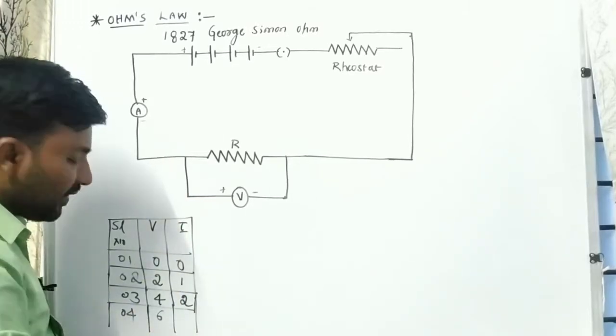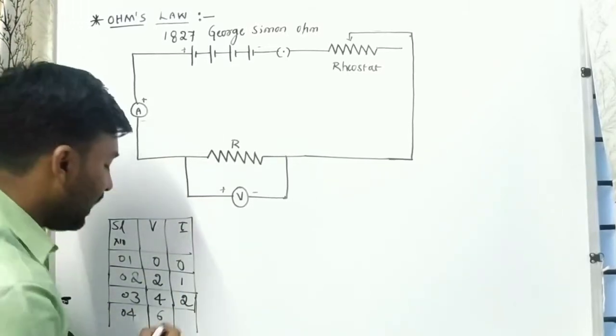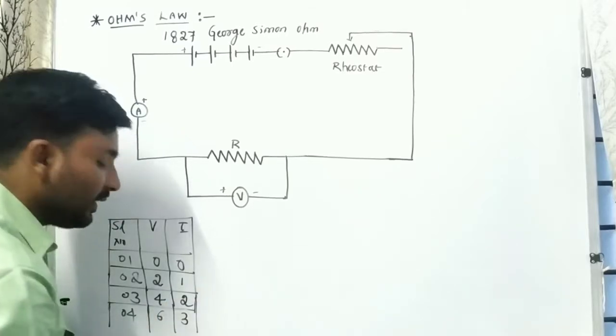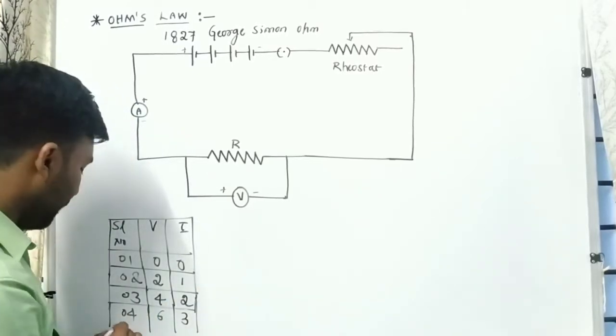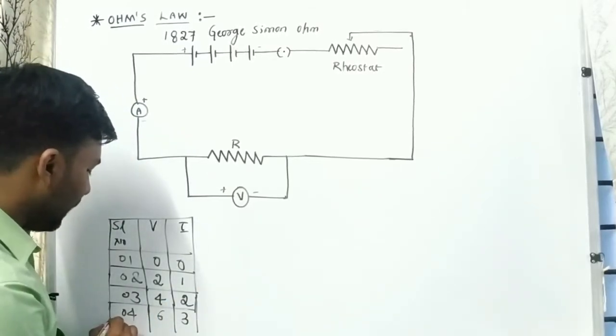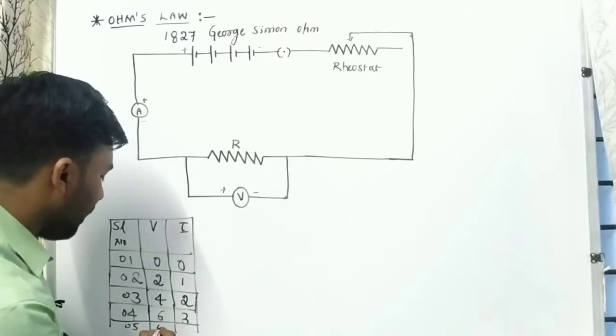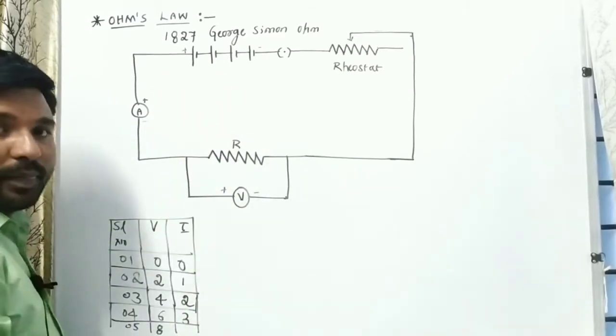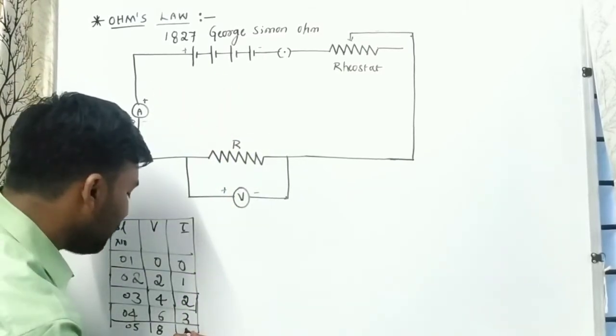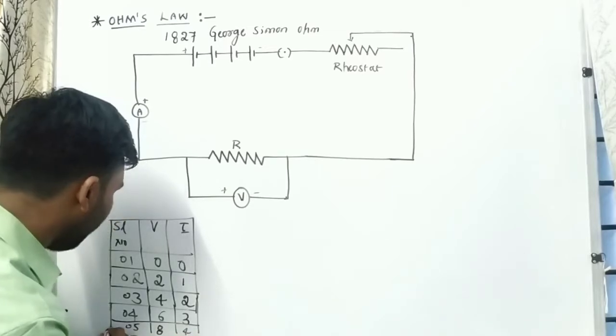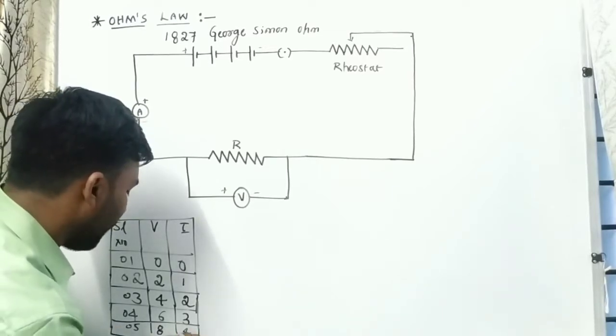Now the potential difference is 6 volt and the current is 3 ampere. Now he has added one more cell. This time the current is 4 ampere.